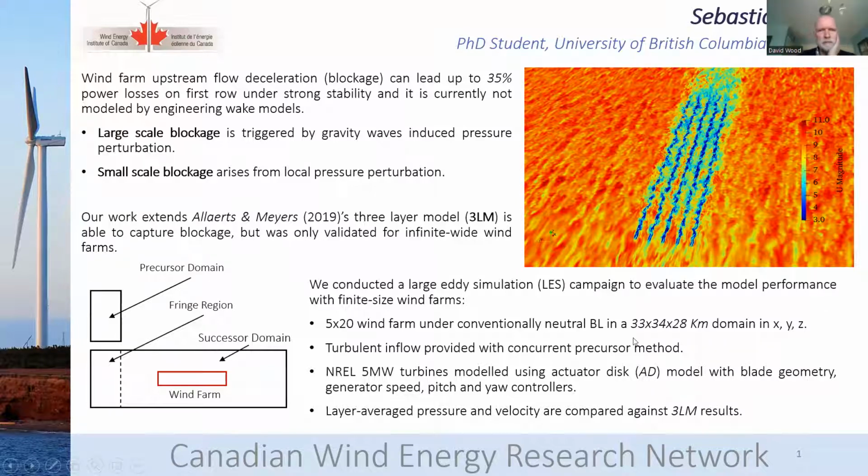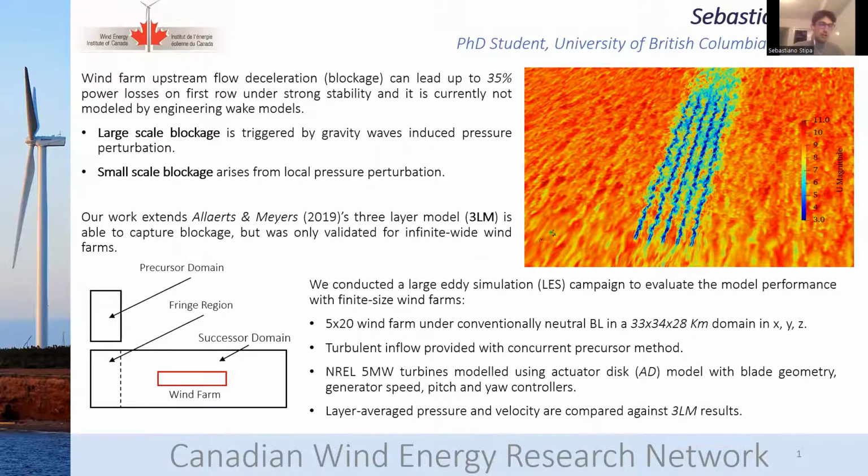So just to introduce myself, I'm a PhD student at the University of British Columbia under the supervision of Joshua Brinkerhoff. I will start by saying that in order to secure financing for big wind energy projects, it is demanded that an accurate a priori estimate of the produced power is made.